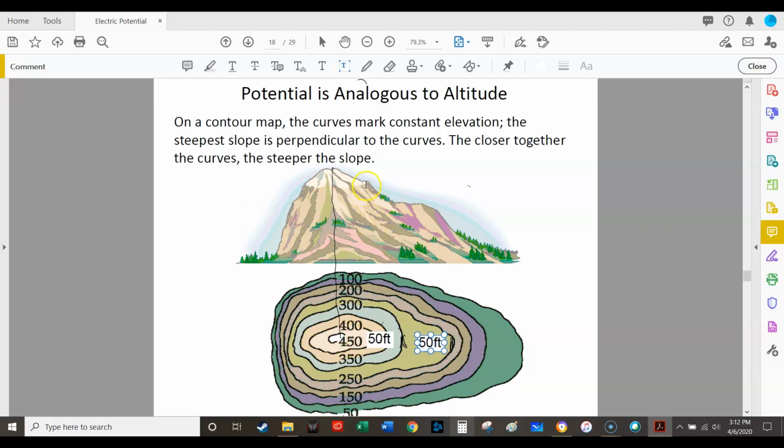And that's analogous to saying this right here, from here to here, is about 50 feet height difference. Draw this right here. So from this point to this point is 50 feet.